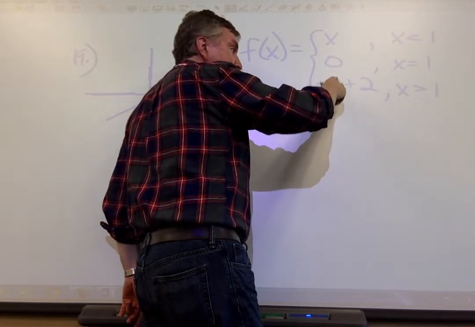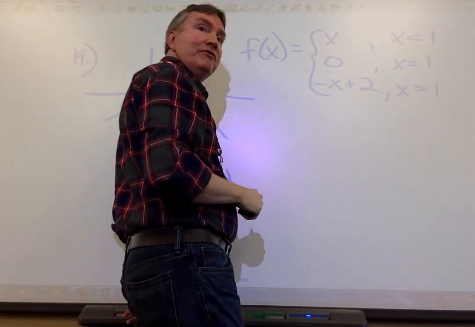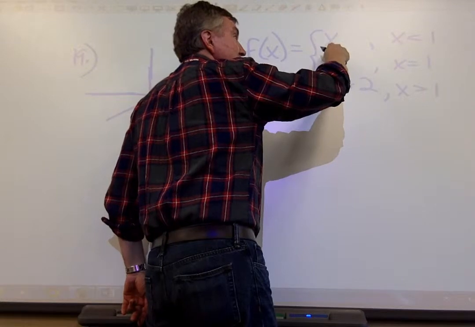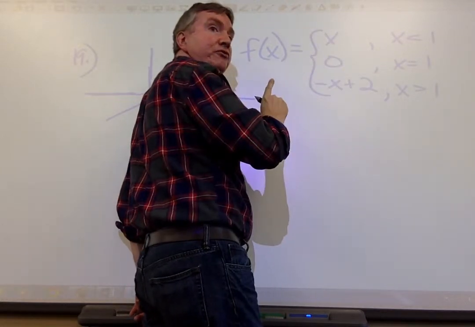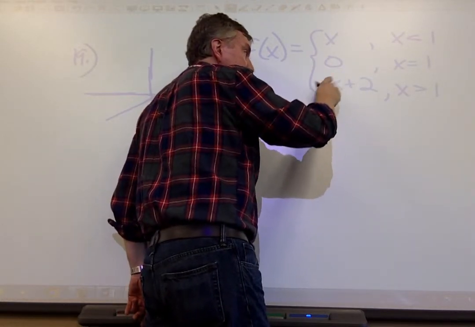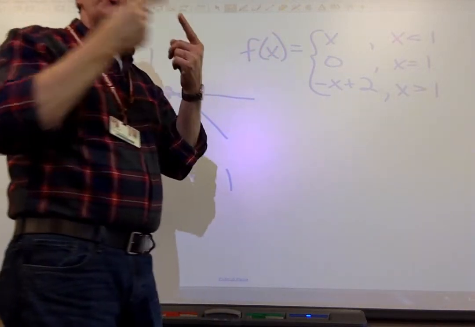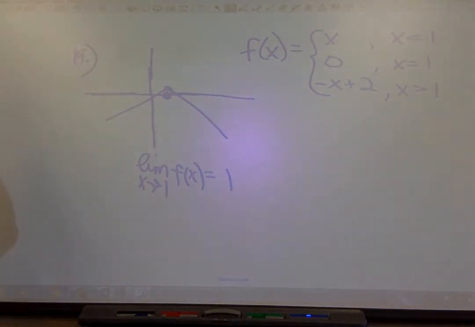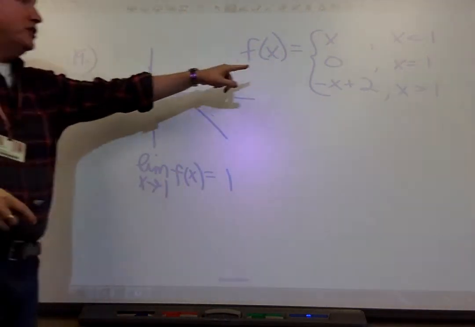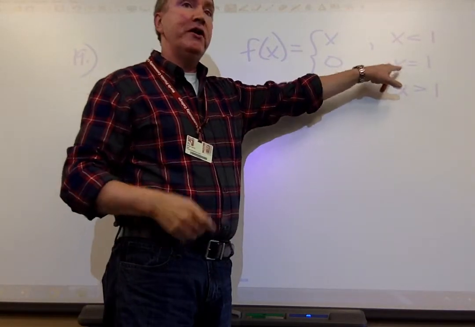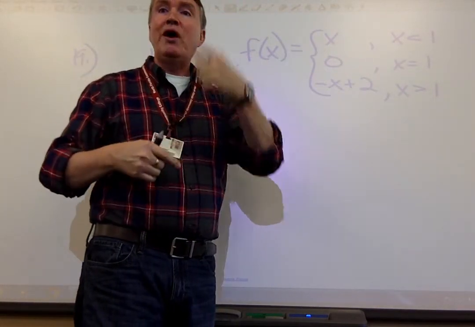If I get very close to 1, that goes to 1 also. So this piece, if x gets close to 1, approaches 1. This piece, if x gets close to 1, it approaches 1. Since they go to that same point, the limit is 1. Even though the function is defined to be 0 at that point, the limit is y equal 1.